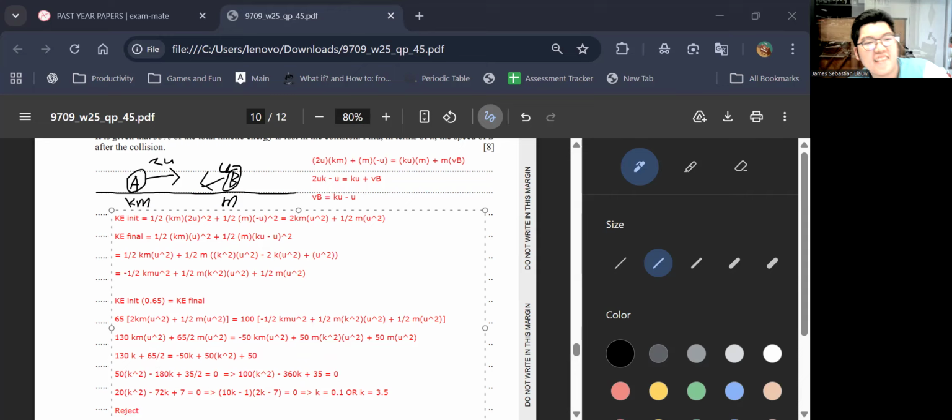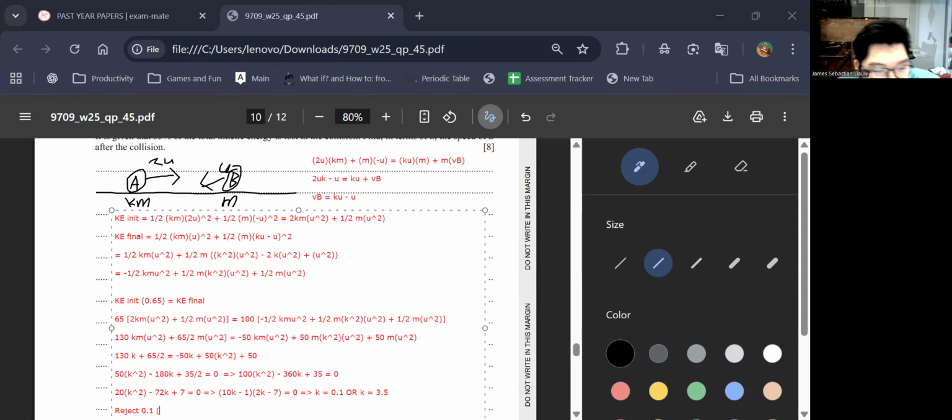But we have to reject 0.1. Why? Question says that both particles move in the same direction.